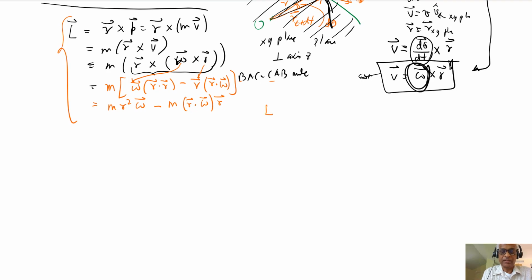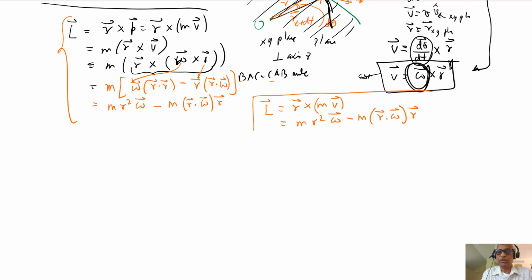So to summarize, L equals R cross MV, which is also M R square omega minus M R dot omega R. So this is for a particle about O, because this R is the displacement vector from O.